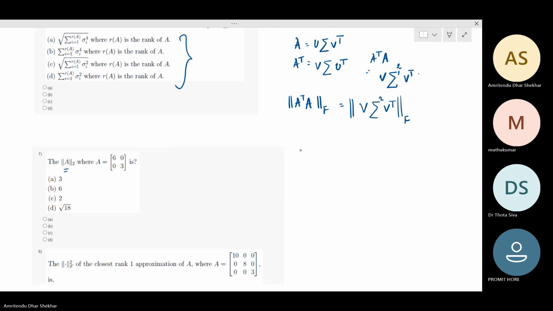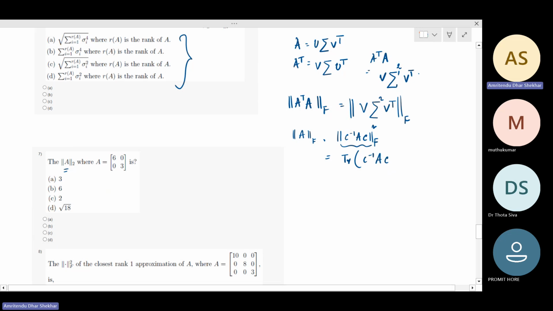If you take the Frobenius norm of C inverse A C, then the squared norm is the trace of C inverse A C times its transpose.